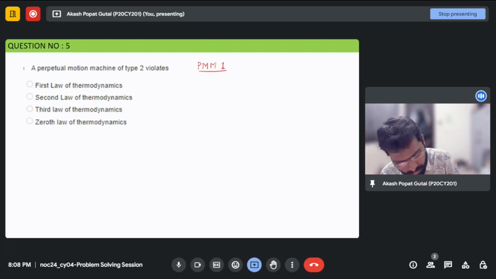The perpetual motion machine of kind 1 is defined as one that produces work without supply of energy.